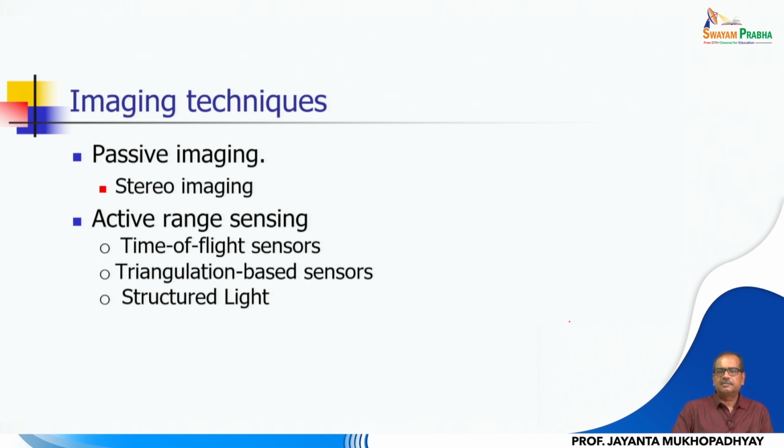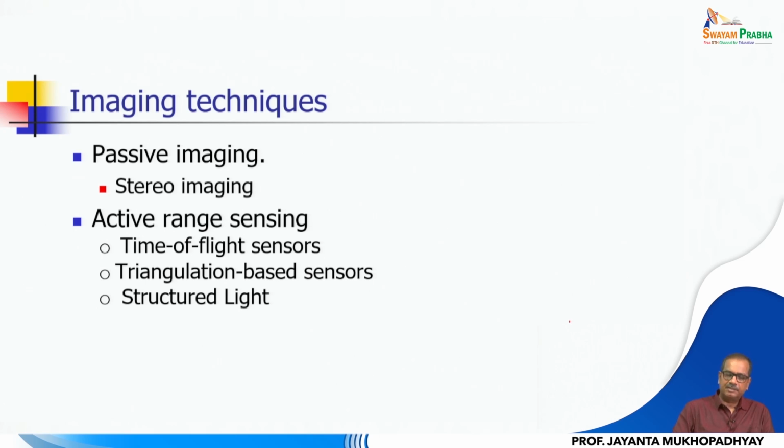Primarily they are categorized into two approaches. One is passive imaging, where, like the optical camera, you take the stimulation from the environment only, and you get the image from there.